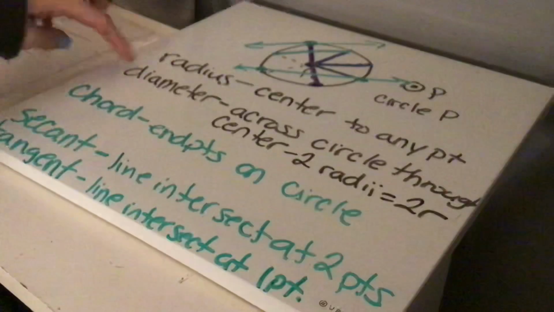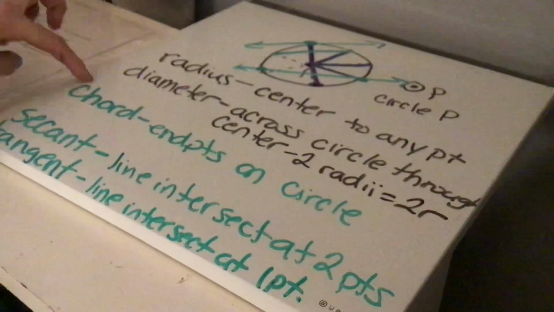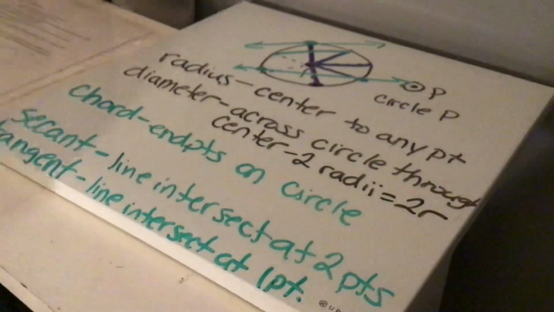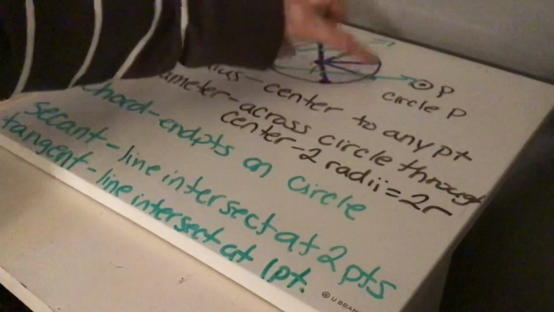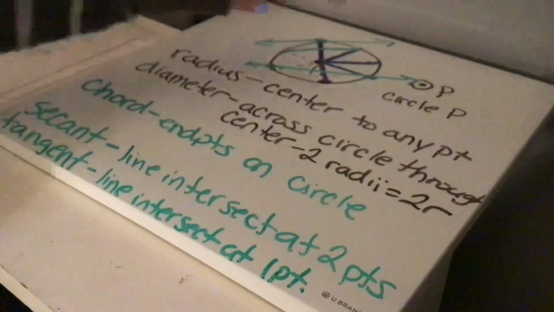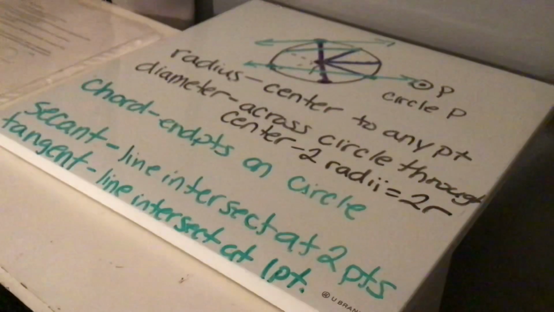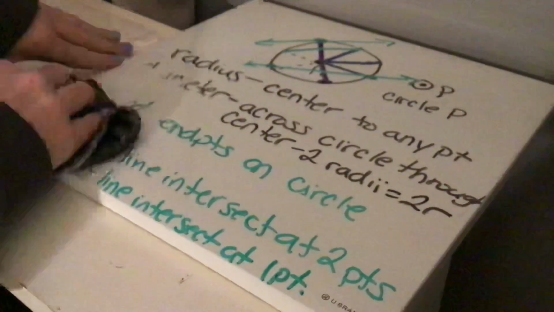So a diameter is a chord, but not all chords are diameters. And then a secant and a tangent. So secant intersects in 2 places, tangent intersects in 1. Okay, so those are our main definitions for circles right now. We're going to focus a lot on tangents to the circle.